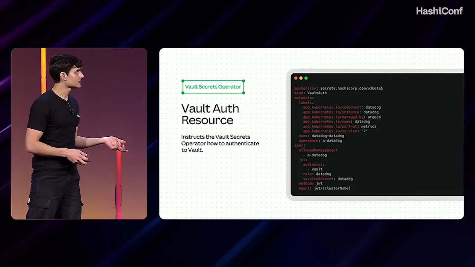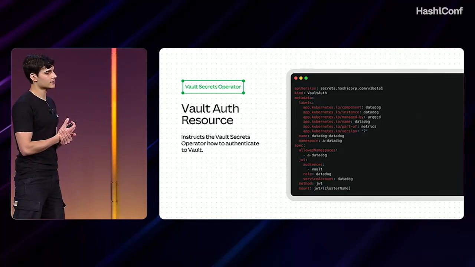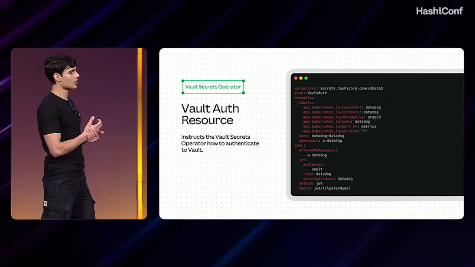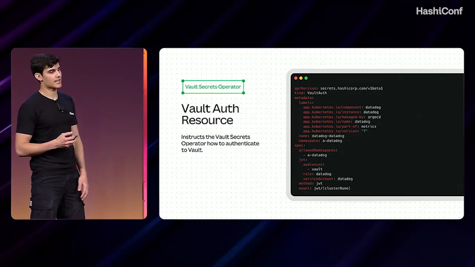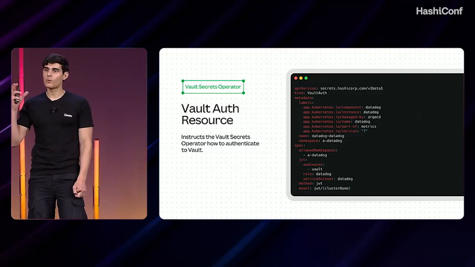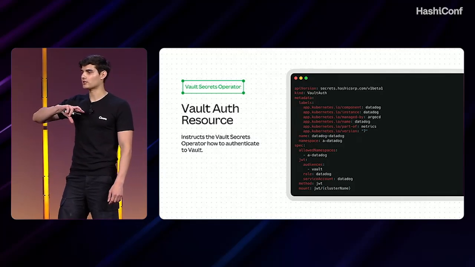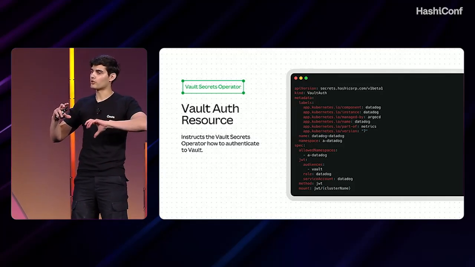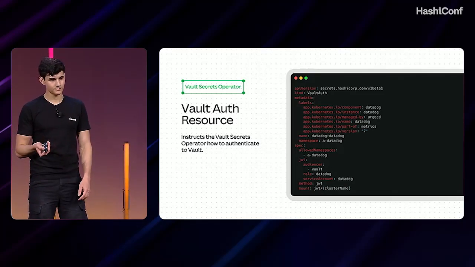In this case, as you can see on the screen, we configured it to log in using the JWT auth role we created earlier and the Datadog agent's Kubernetes service account token. When logging into Vault, the Vault secrets operator will be returned a periodic token, which it will renew on Datadog's behalf to actually manage all of these dynamic secrets.